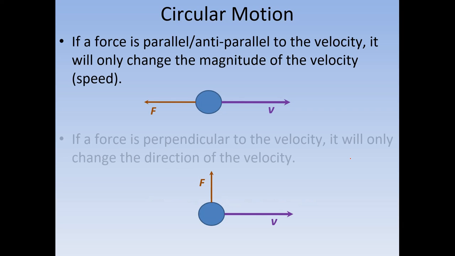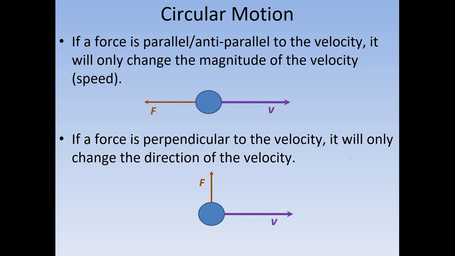I don't think I mentioned this in detail last time, but I just want to quickly go over this. We've talked already about what happens since force and acceleration point in the same direction, so I can say acceleration and velocity are either parallel or anti-parallel to each other.